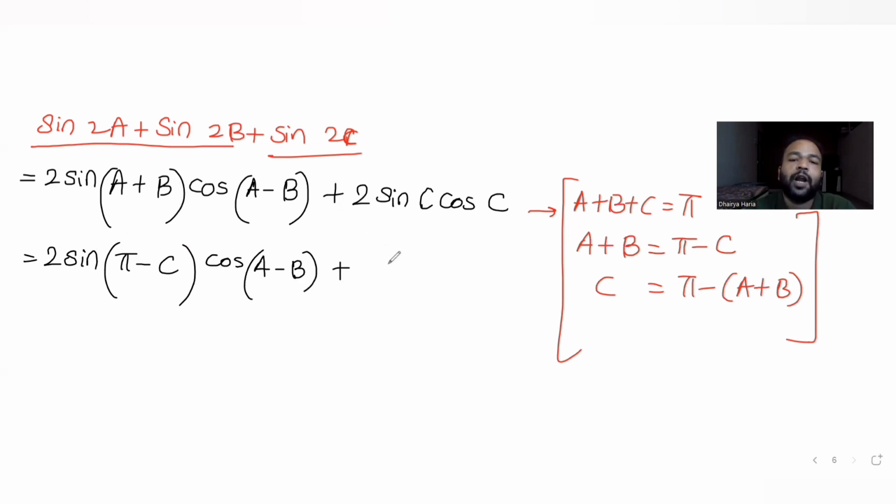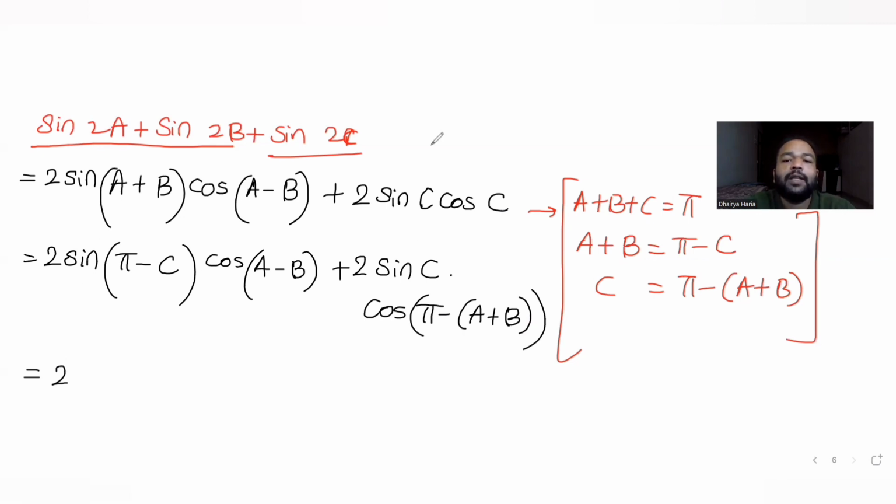plus here also if I try to do that, 2 times sine (pi minus c), so your trigonometric ratio does not get changed. So here also you are going to get again sine c. So I'll keep sine c the same because it is going to come out common. But if I try to change cos c, I can write that as cos of pi minus (a plus b). Now let's see. 2 times sine of (pi minus c), so pi minus theta shows us that it is going in the second quadrant.